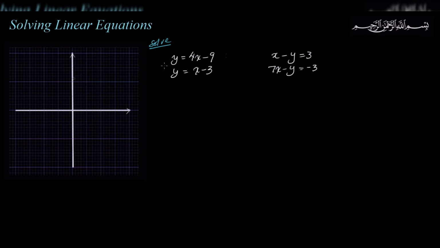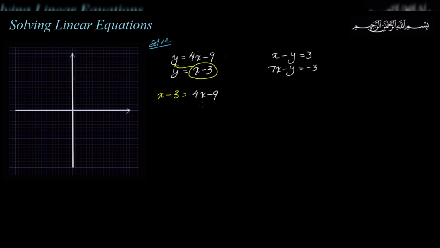In this case, see, these are both solved for y, so it's very easy to just substitute one of these into the other. So you can use the substitution method in place of y, because y equals that. So you can say x minus 3 is equal to 4x minus 9. So I've taken this and substituted in place for y, and I got x minus 3 is equal to 4x minus 9.